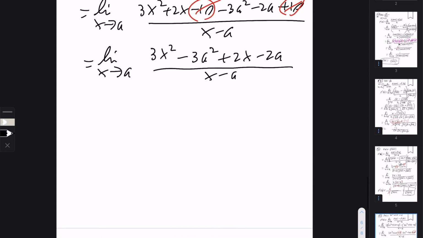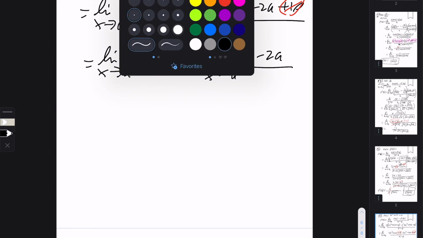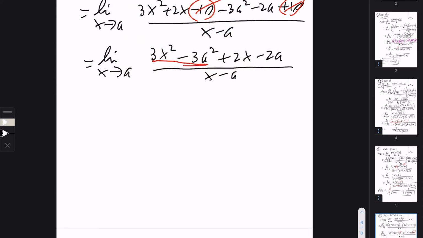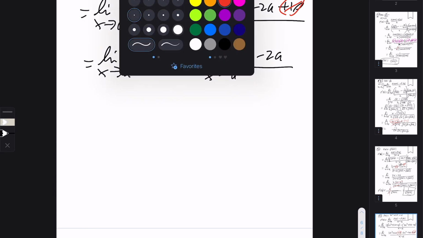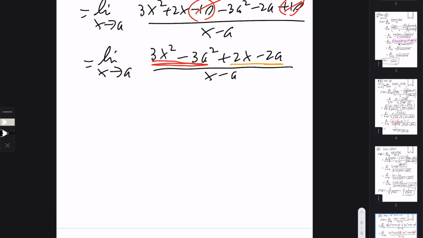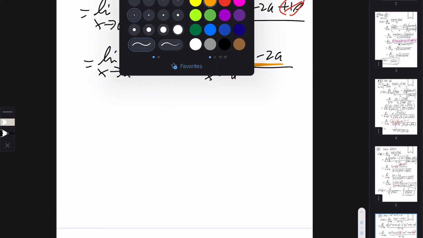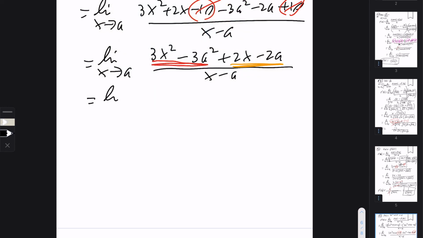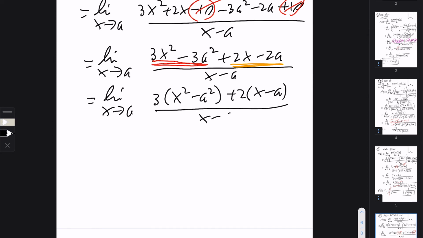Now, you probably didn't do this much, but in algebra there's something called factor by grouping. I grouped these two together because they both have a 3, and I grouped these two together because they both have a 2. Now I'll factor each one of those. Take the 3 out, I have x squared minus a squared. I take the 2 out, I have x minus a over x minus a.